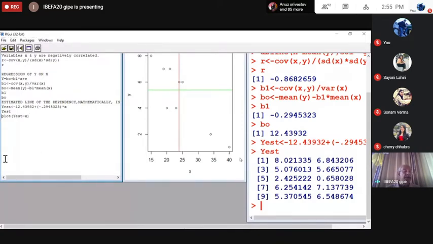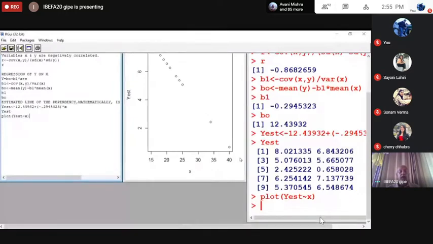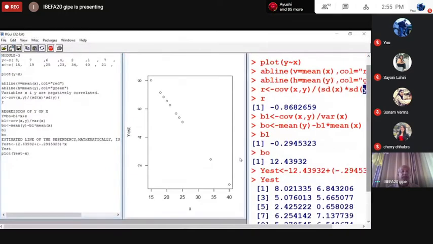When I see the graph, it is a straight line. This is the line passing through the scatter diagram.